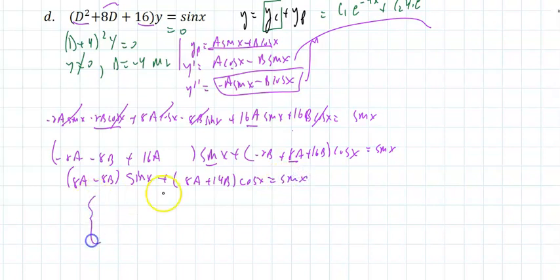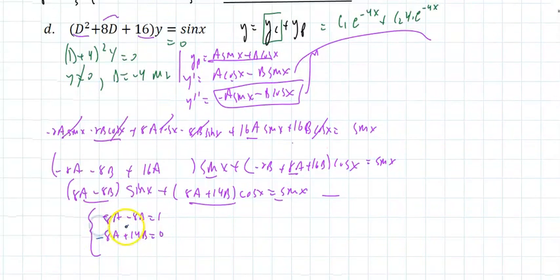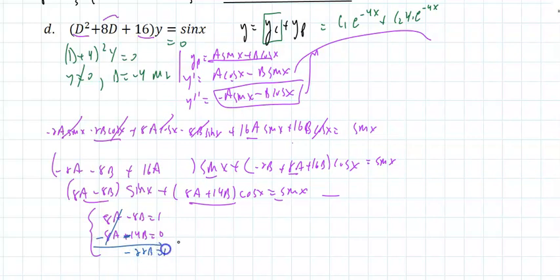So what this means, the number in front of the sine must equal a 1, and the number in front of the cosine must be a 0. So if I multiply this by a negative, add those, that is negative 22b equal 1. So b is negative 1 over 22.